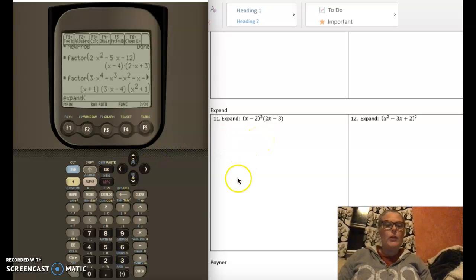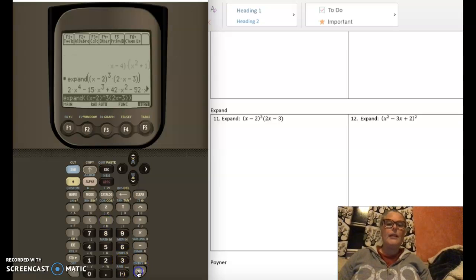So we're going to do, in parentheses, x minus 2, end parenthesis, raised to the 3rd power. Most people, what throws people off is sometimes just that you forgot a parenthesis somewhere, 2x minus 3 or power or something like that. And then I need another parenthesis at the end to say, okay, I want you to expand all of this within this parenthesis, and hit enter.